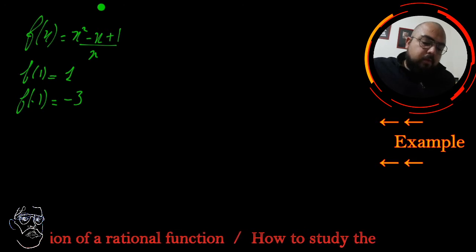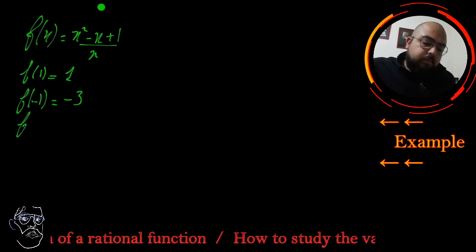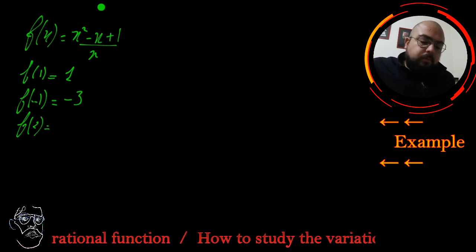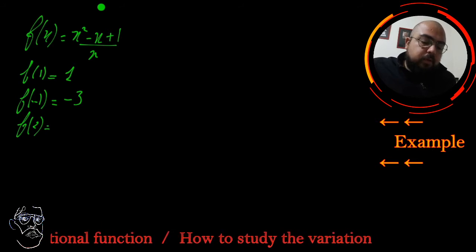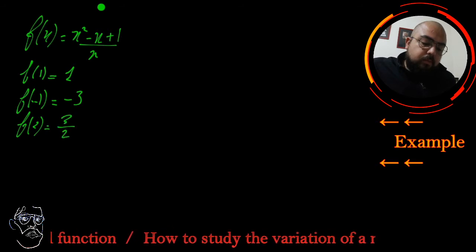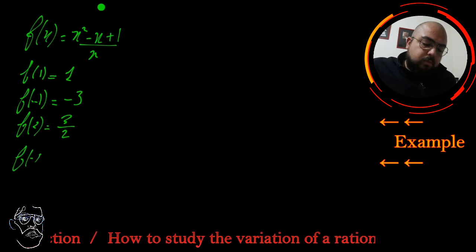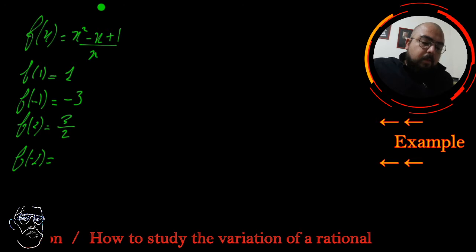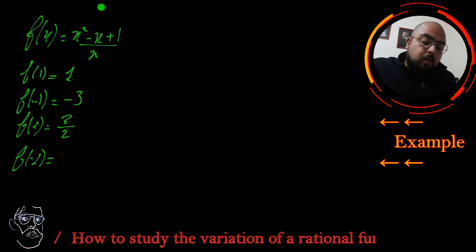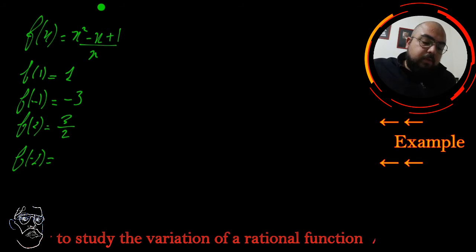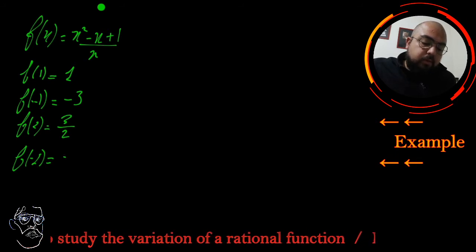F of 2, let's say, will be 4 plus 1, 5 minus 2, 3 over 2. F of minus 2, it will be 4 plus 2 plus 1, 7 over minus 2, minus 7 over 2.